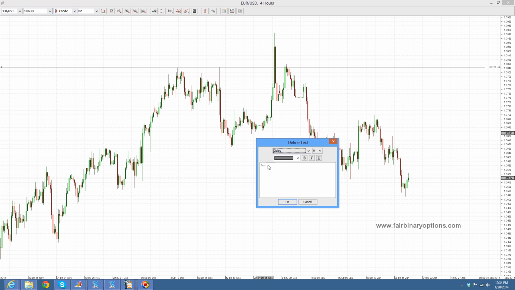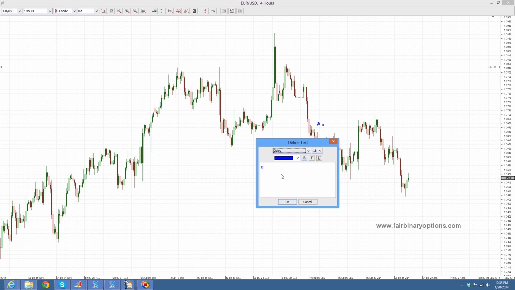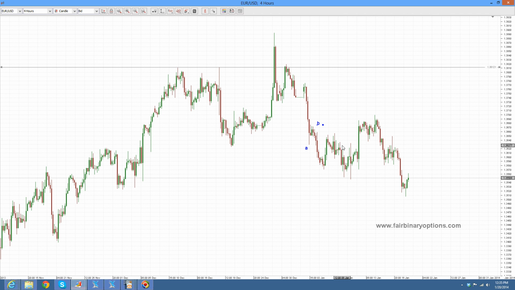So, let's say this is wave A. Let me change the color so that we can actually see it like this. So wave A to come around here, and then to have the B wave here, and then of course to look for the C wave to the downside.